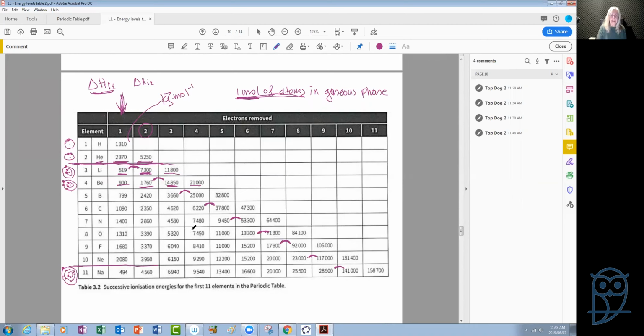So this is an indication of the structure of an atom, in fact the electron configuration around the nucleus, that the electrons belong to different energy levels. So it's evidence of the electronic structure.